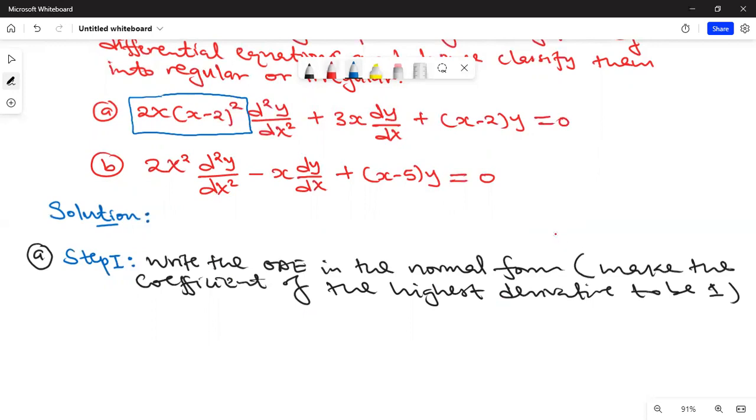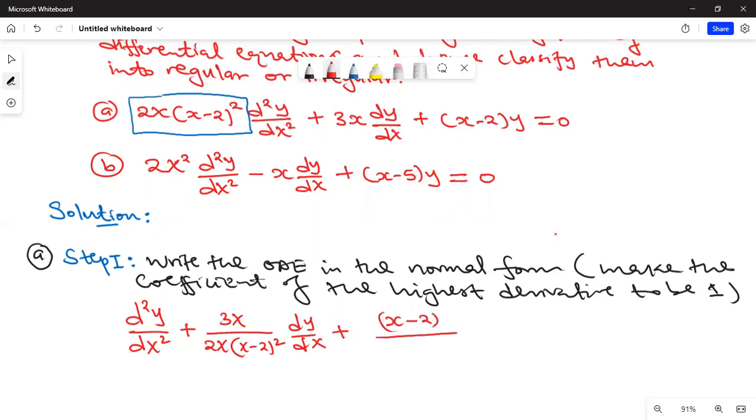So that equation can now be written as d squared y over dx squared plus 3x over 2x times (x minus 2) squared dy/dx plus (x minus 2) over 2x times (x minus 2) squared y, that should be equal to 0. So this is the normal form of that ODE.